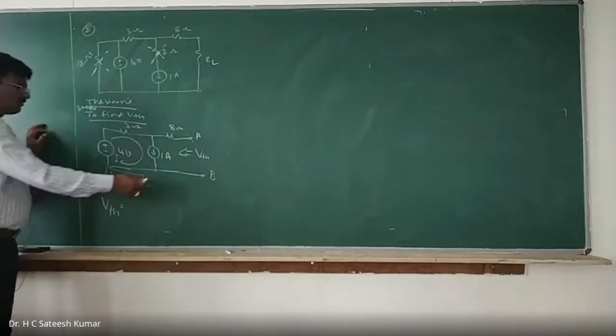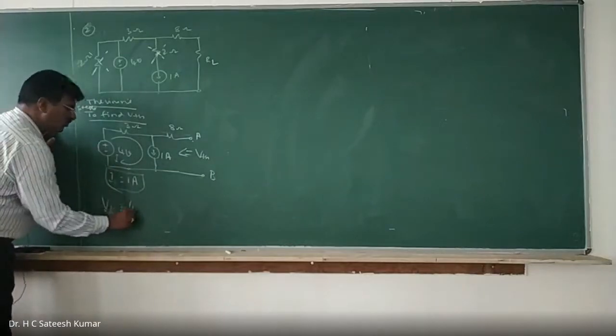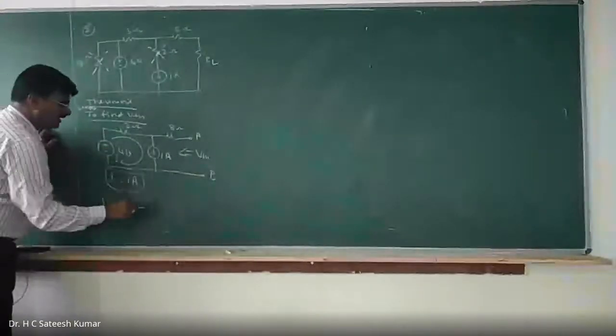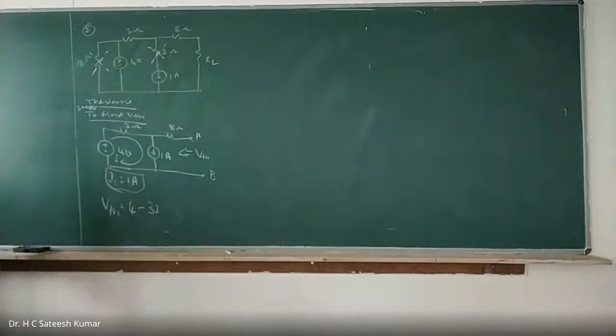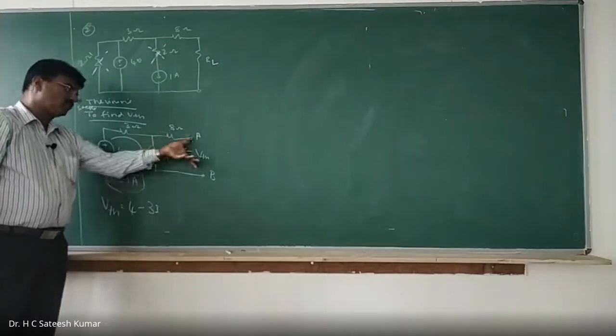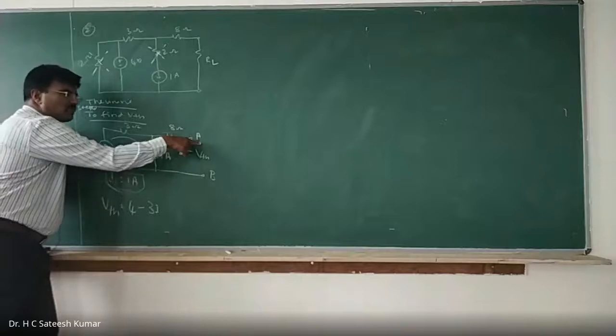Now start from the point B. Go here, minus to plus, plus 4. Same direction, minus 3i. Okay, right. And what about the current flowing here? 0. Because current is 0, still voltage exists. Current will not flow through this one, because it is open circuited.